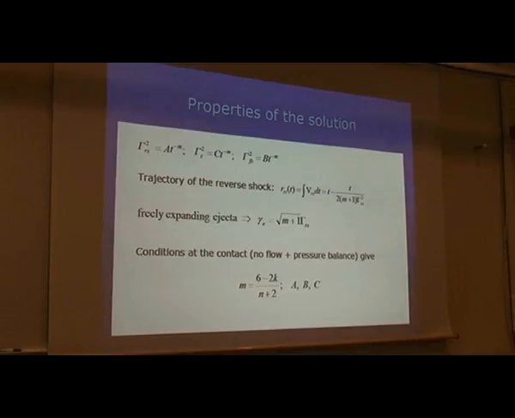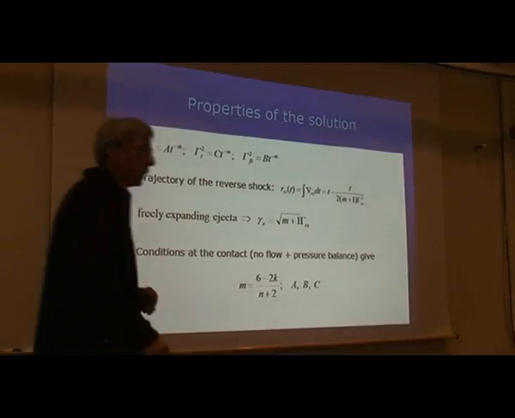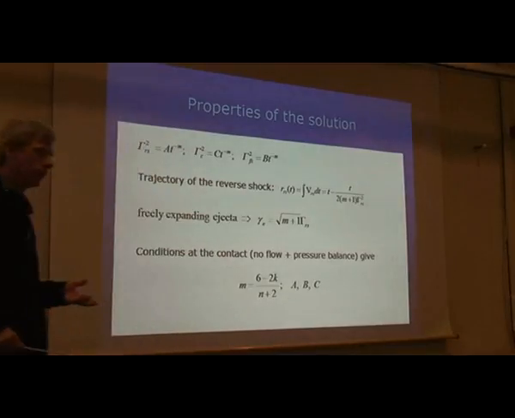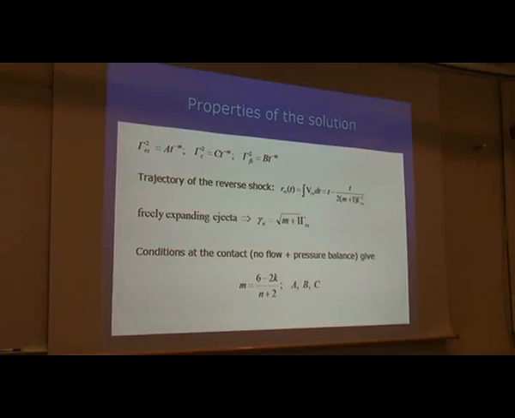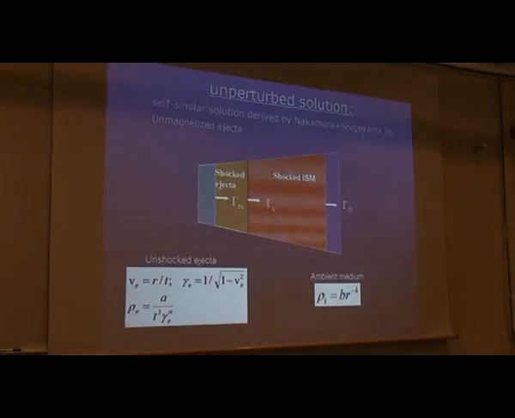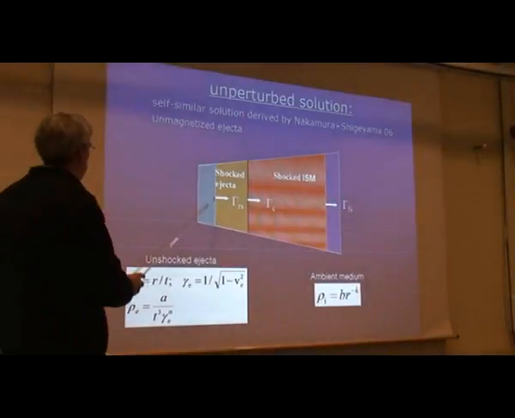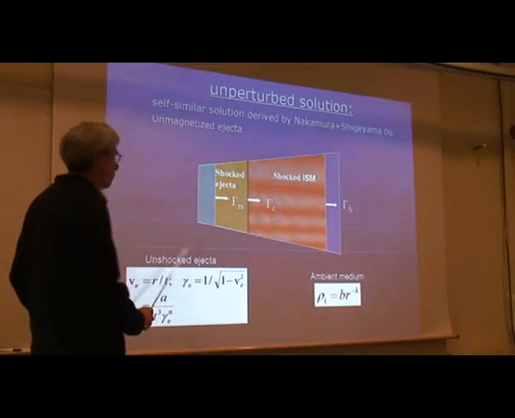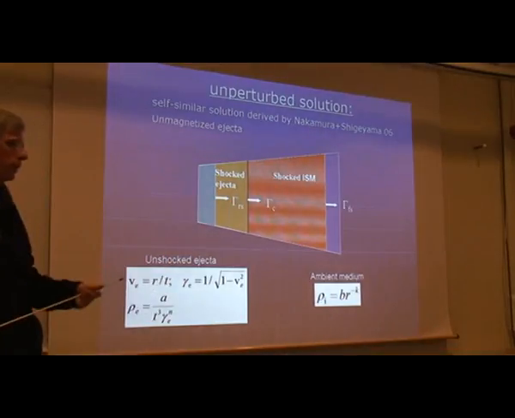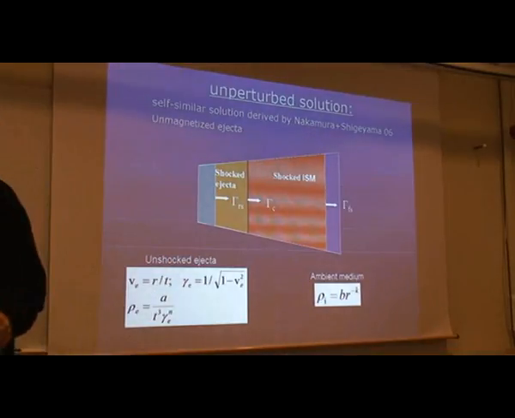Essentially, the shock Mach number M is described by a version of the Blandford-McKee solution. For the reverse shock, the ejecta, because the shock is not necessarily relativistic, you have to solve the jump conditions fully. So they account for the full solution of the jump conditions.